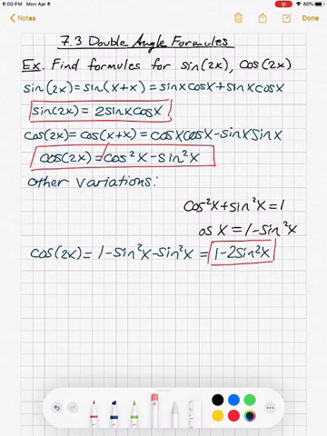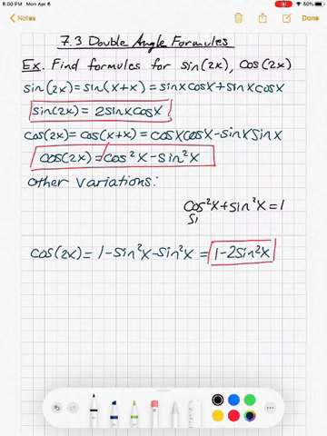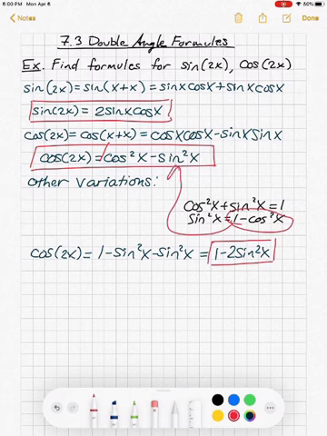Okay, now what if here, instead of solving for cosine squared, what if I solve for sine squared? And then that's going to substitute in here for sine squared.